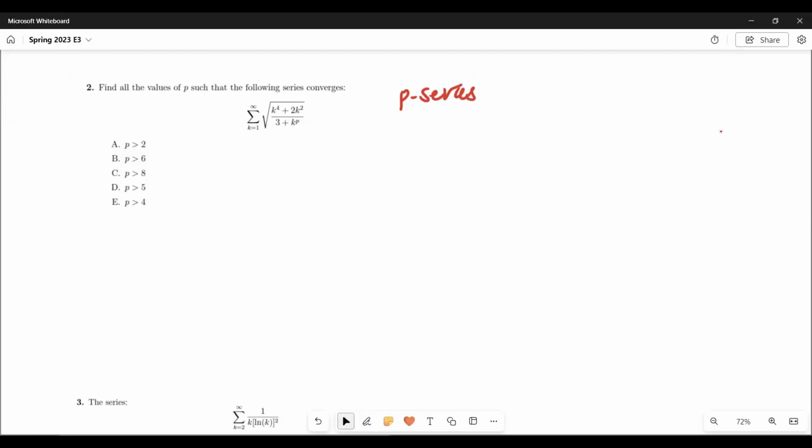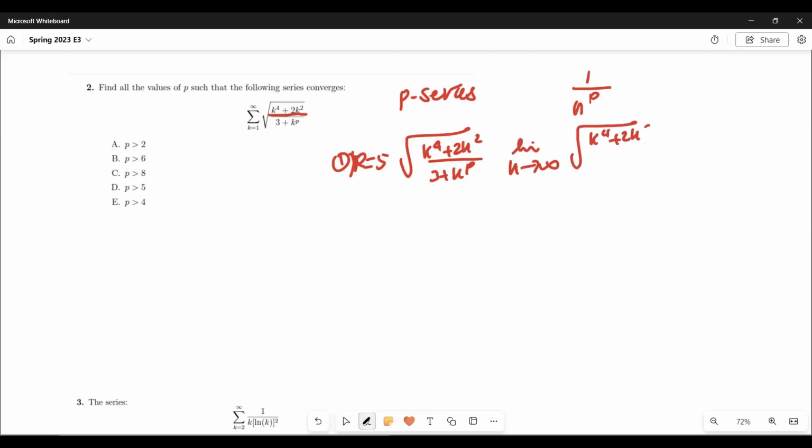So I'm going to plug in values that make the numerator's power bigger than the denominator's, like p equals 5, to make it into 1 over k^p format. If p equals 5, this becomes (k to the 4th plus 2k squared) over (3 plus k to the 5th), as k goes to infinity. 2k squared and 3 don't matter because we just care about the highest power term.